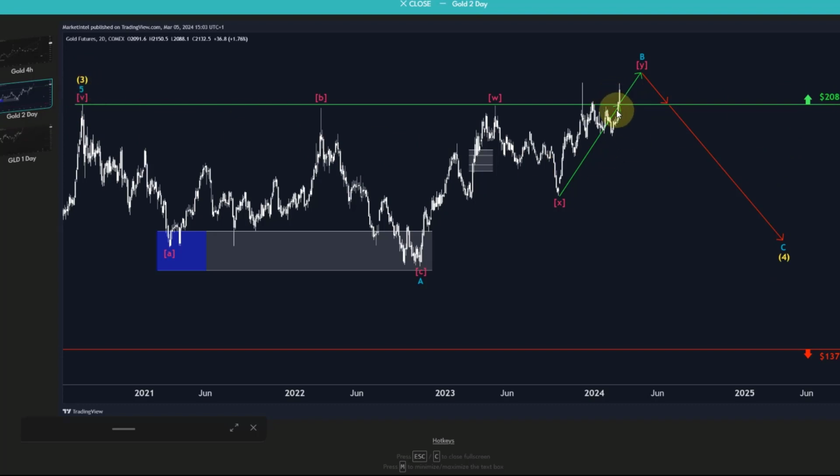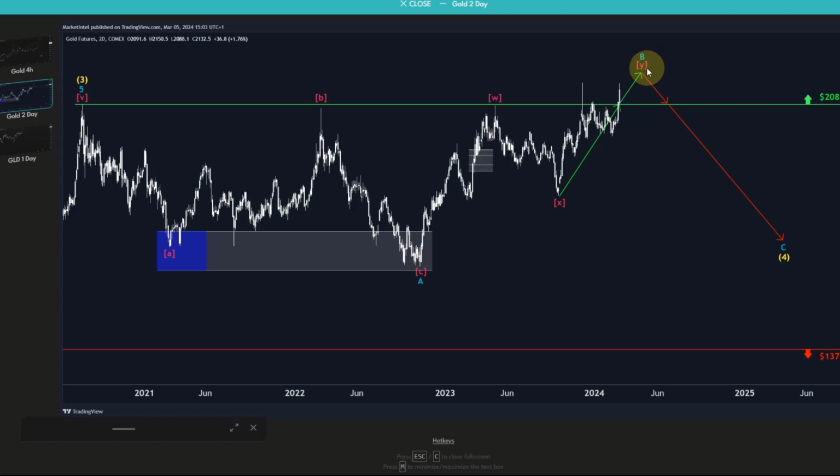Gold has recently broken that level again, but the movements look like a corrective structure. So in our preferred interpretation, we are dealing here with a larger A, B, C flat correction, as it seems, with an overshooting B wave.